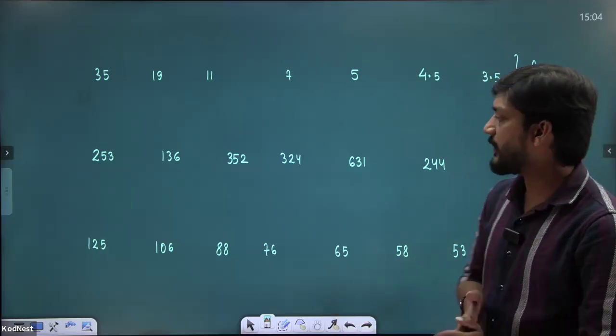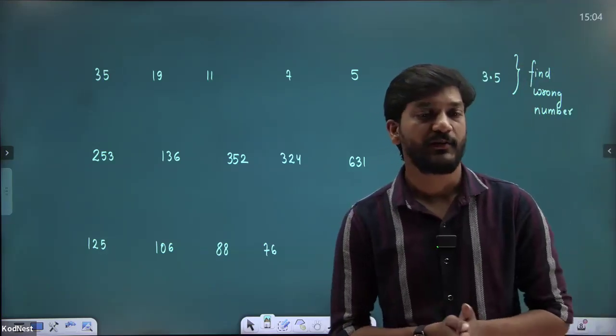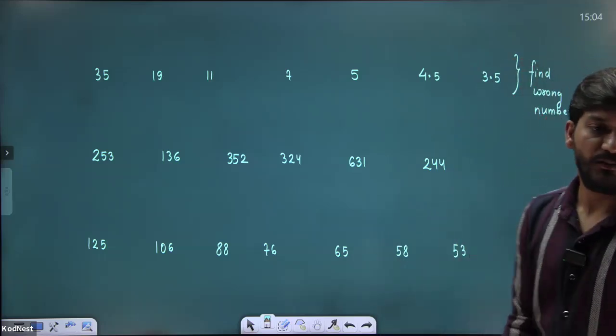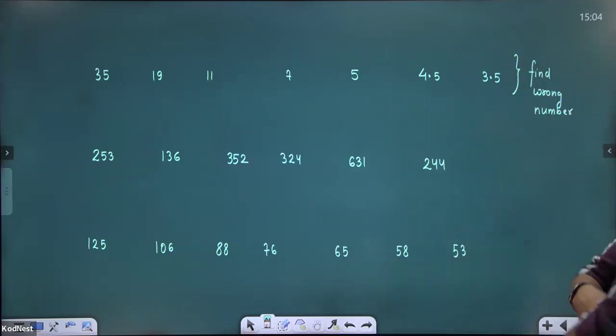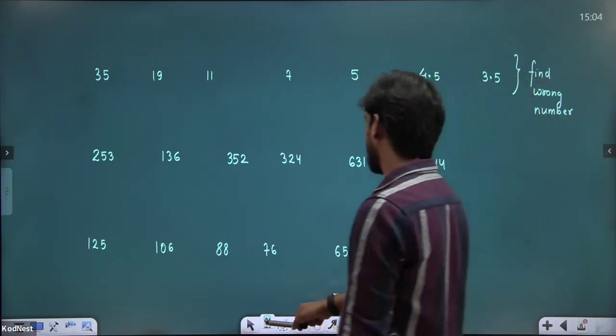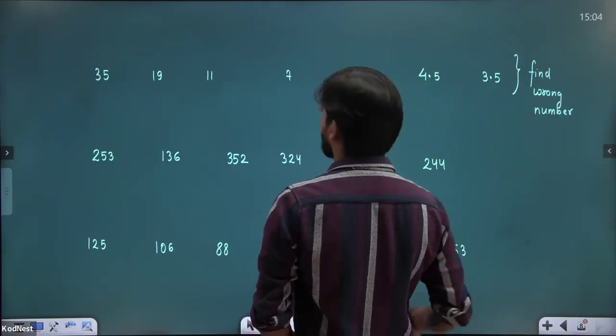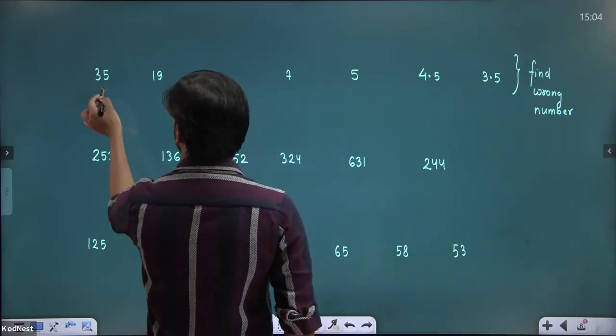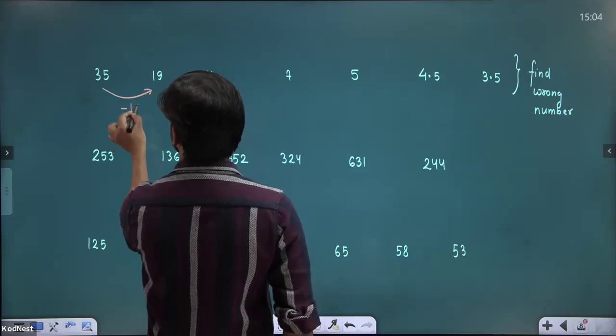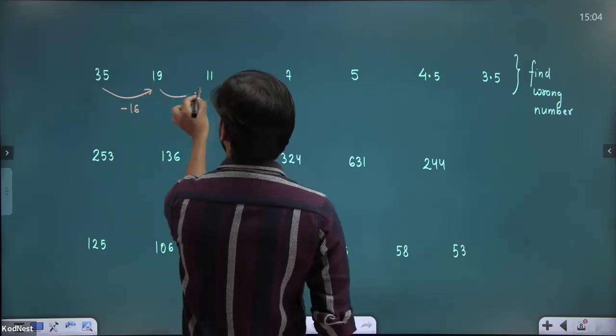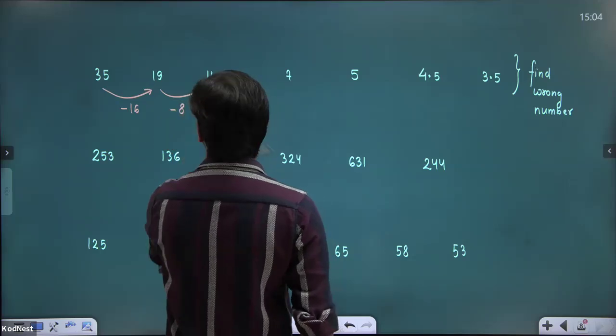Okay. So three questions are there. Try to observe. First one, 4.5, wrong. Okay, 35 minus 60, 19 minus 8.